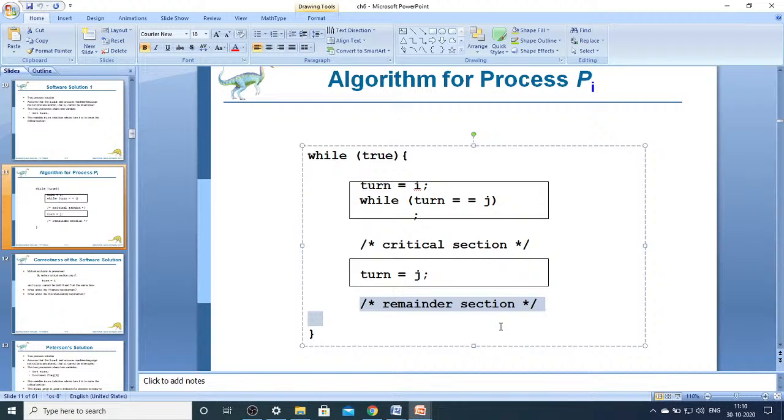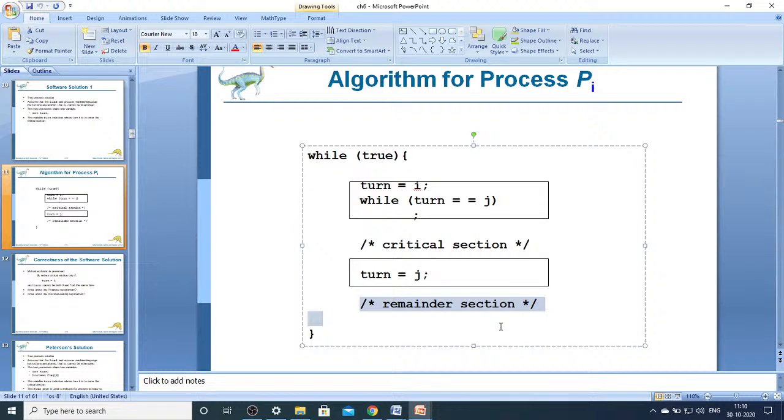At the same time, we cannot allow other processes who also wish to enter the critical section to enter. So the main agenda is to restrict two processes from entering their critical sections at the same time.